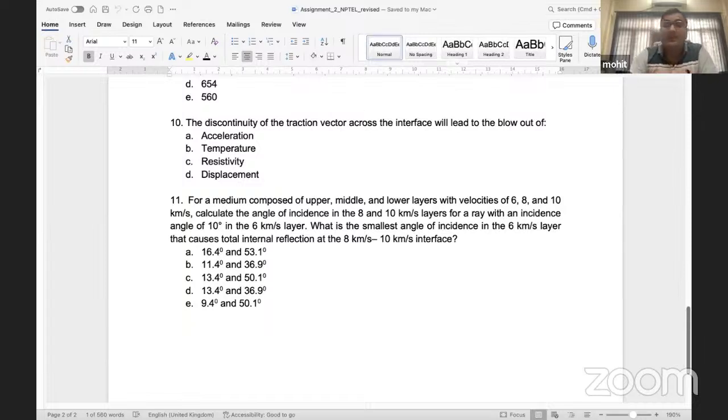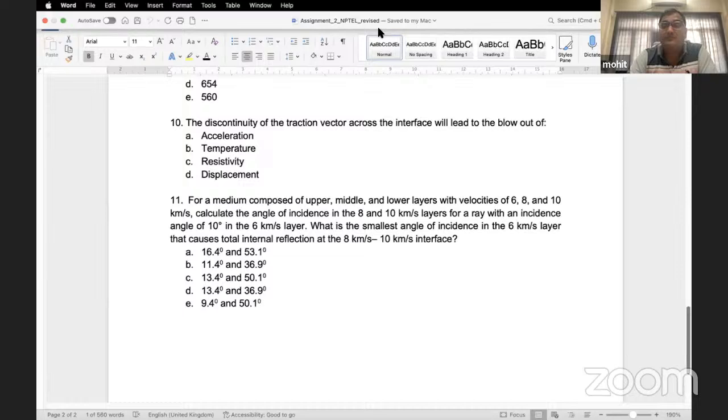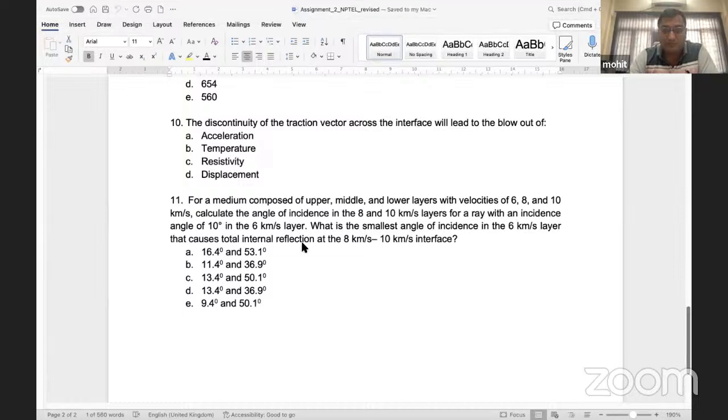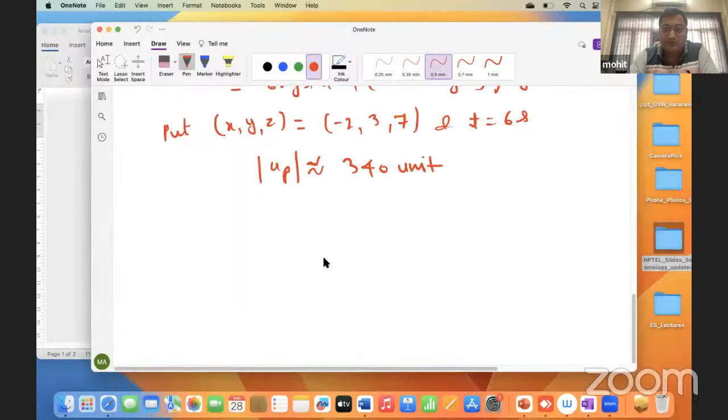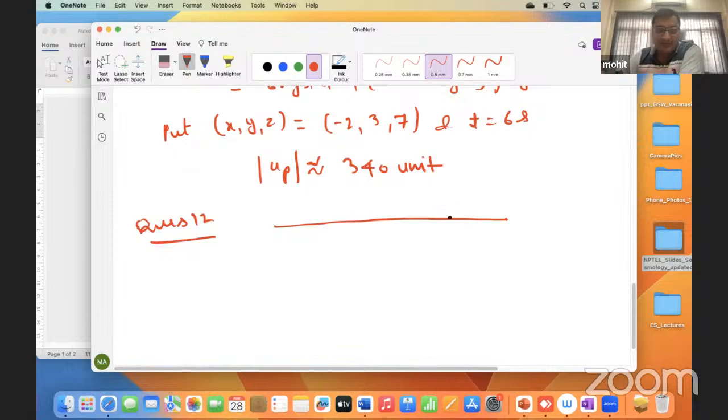So basically what we are doing is, there is this surface and the velocity v1 is given, that is 6, and there is a ray incident upon this interface and making an angle j1, let's suppose.